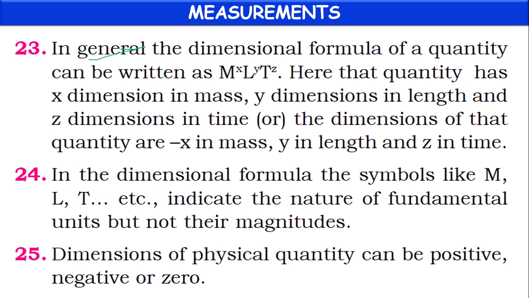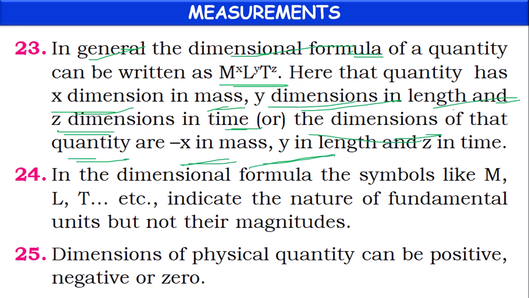So in general, dimensional formula can be written as Mx Ly Tz, where mass has x dimensions, length has y dimensions, time has z dimensions. Or the dimensions of quantity are x in mass, y in length, z in time.